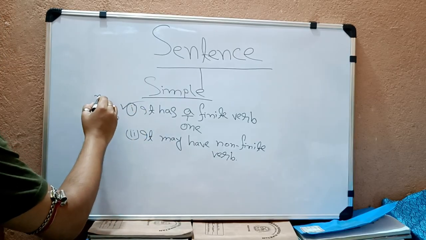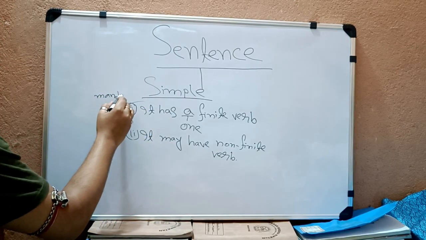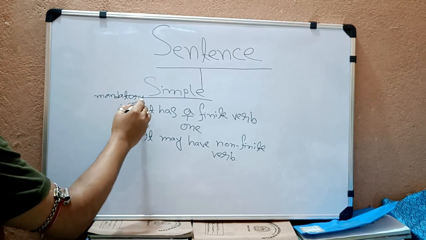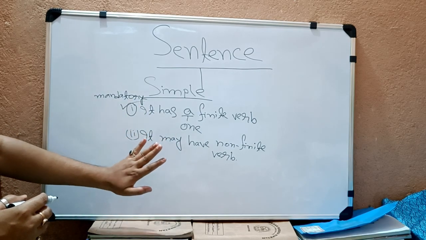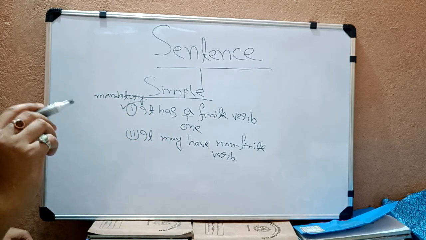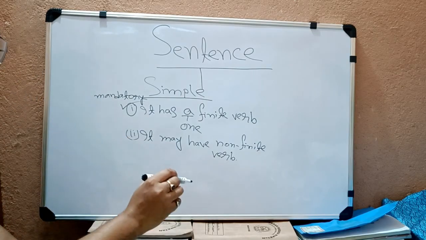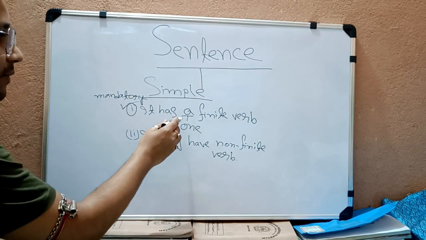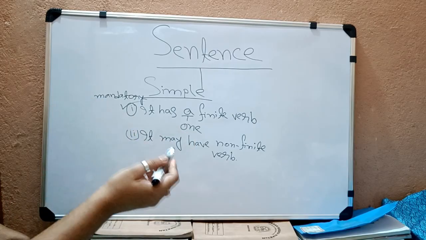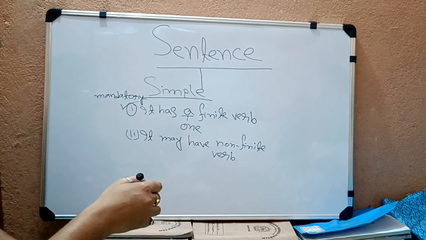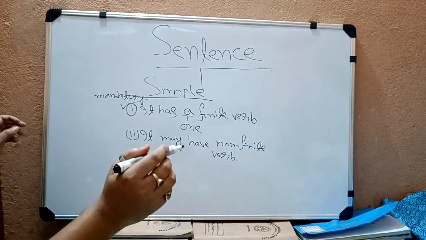Okay, this is mandatory, but it may have a non-finite verb. It means a sentence which has no non-finite verb but one finite verb is also called a simple sentence. A sentence which has one finite verb and one non-finite verb is also called a simple sentence.